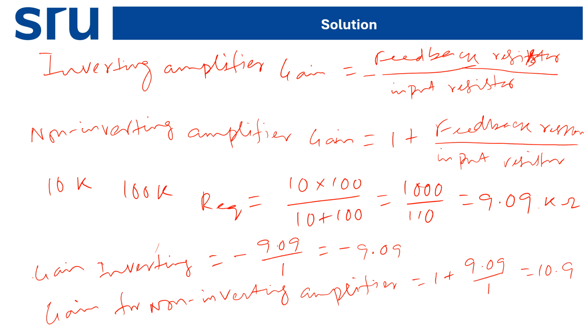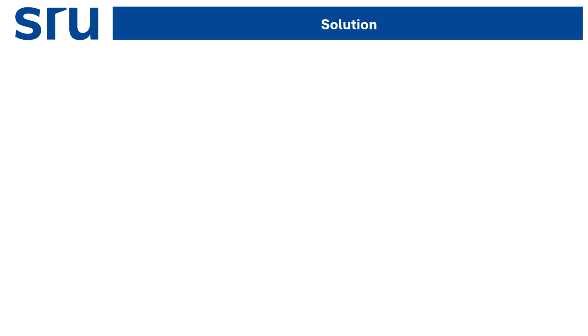Is that good? Yes, because 10.09 is suitable for our application, right? So that means we have to implement a non-inverting amplifier circuit for this application while maintaining the design condition.